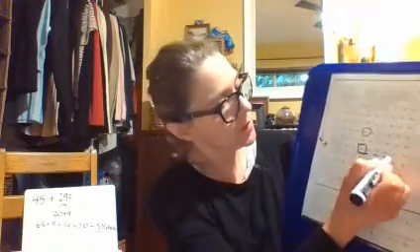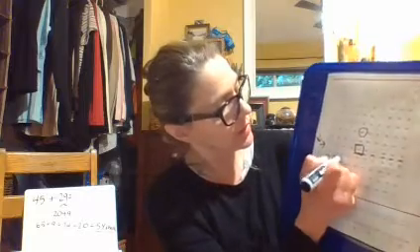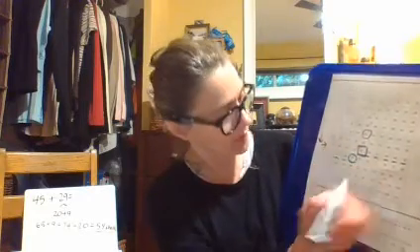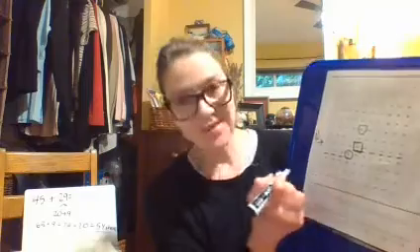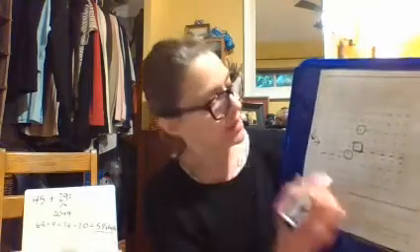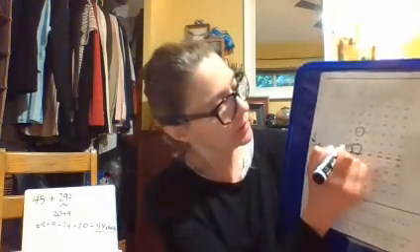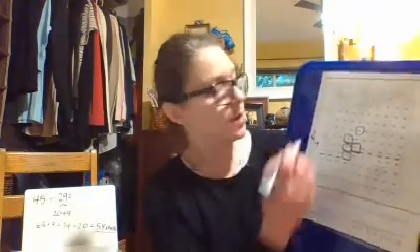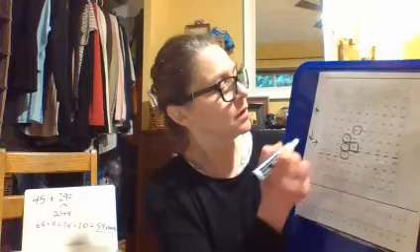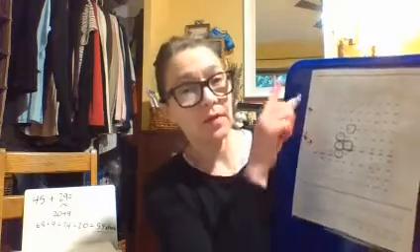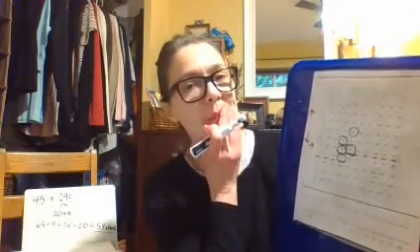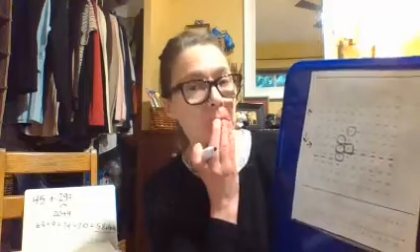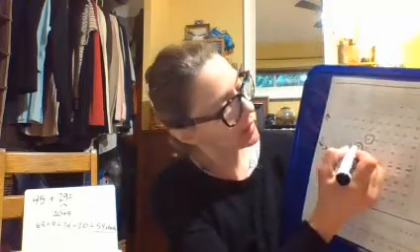So 1, 2, 3, 4, 5, 6, 7, 8, 9, and I land on 74. So then I'm minusing 20, so I'm going to go back 10, 20, which is down the number grid, but up the chart. And I end up at 54, which is my answer I got.